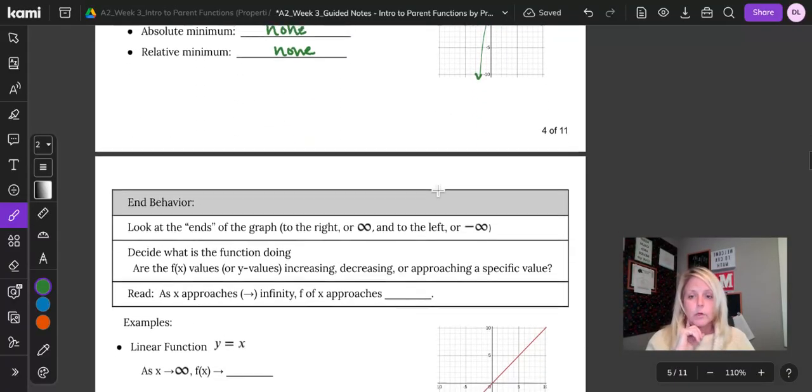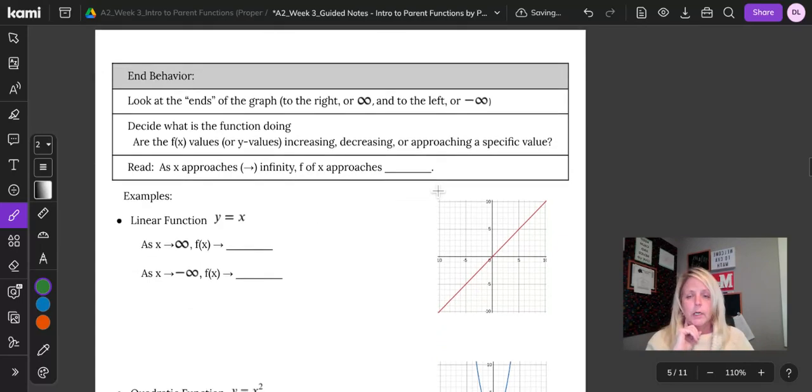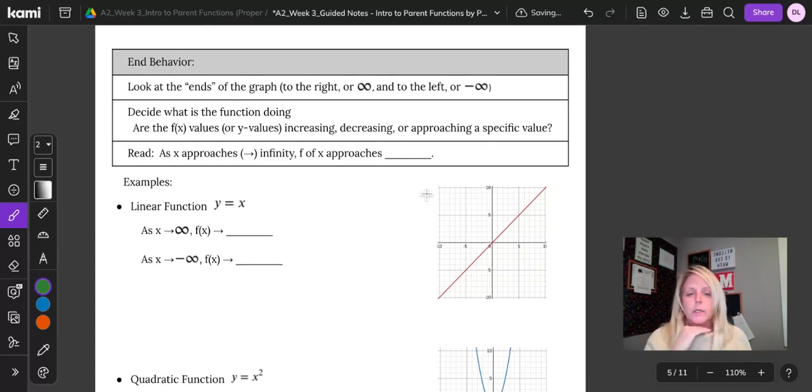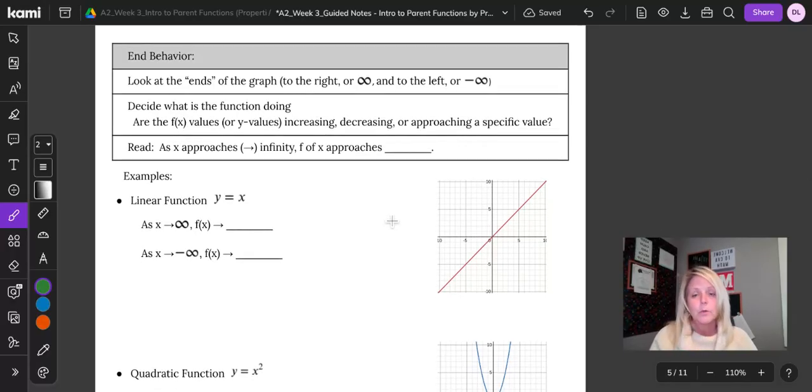Okay, next thing we're going to look at is end behavior. And this is one of the reasons that I wanted you to mark those arrows at the end of your graph, because that's what we're going to look at when we talk about end behavior of a graph. Okay. We are looking on the x-axis, and we are trying to see what our graph is doing.